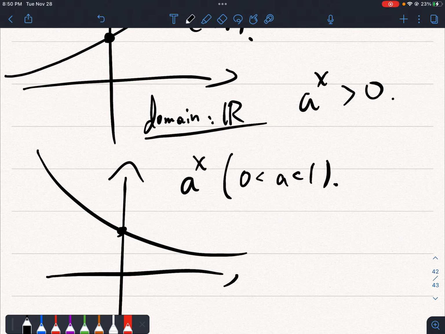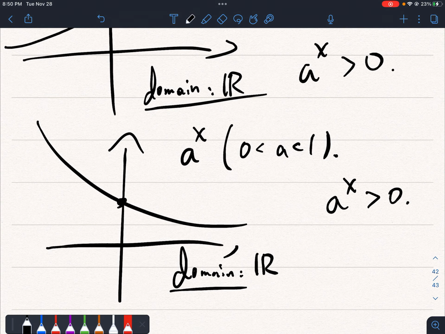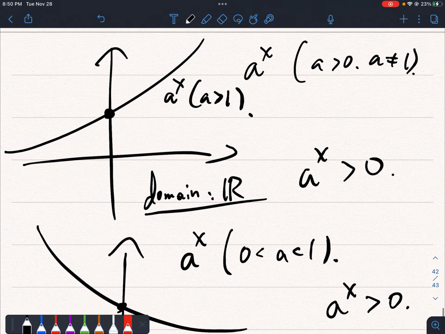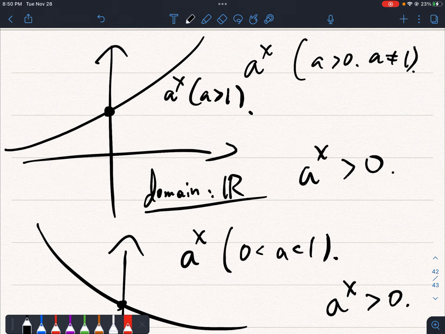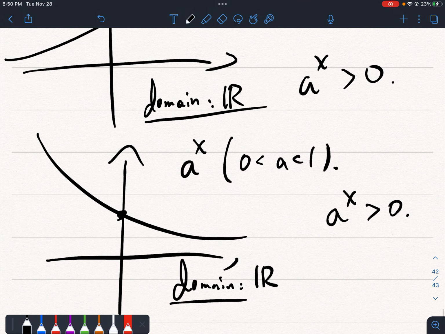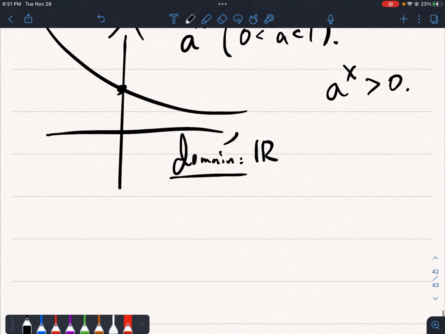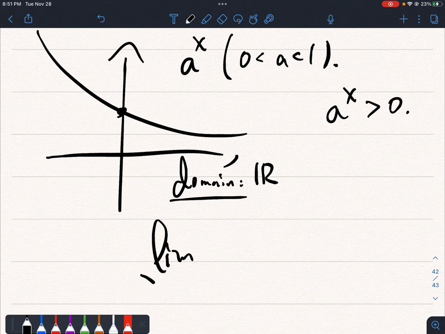So this is the graph of a to the power of x, where a is from 0 to 1. Here, still, the values are always positive, and it's also defined on R, but you can see it's very different when a is bigger than 1 or less than 1, given that a is positive. So you have to keep that in mind. But they're always continuous. You just take it for granted.